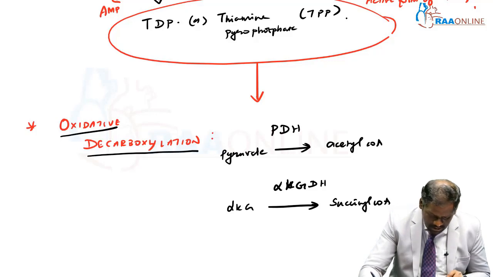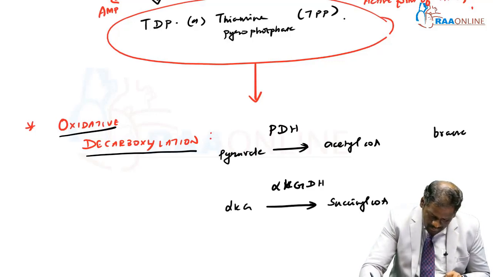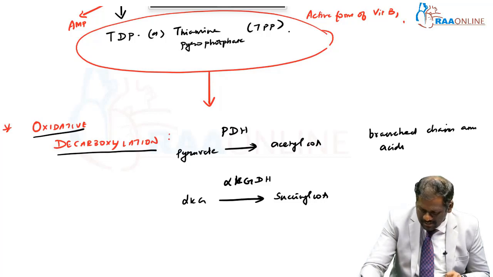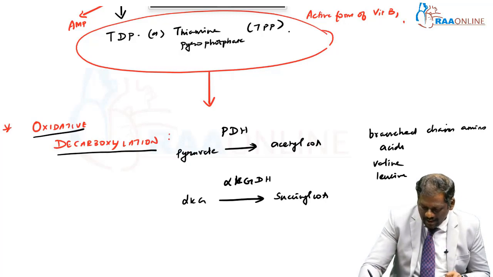Apart from this, there is the conversion of branched chain amino acids: valine, leucine, isoleucine.